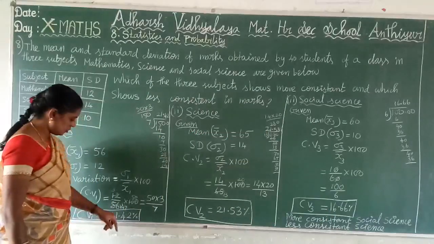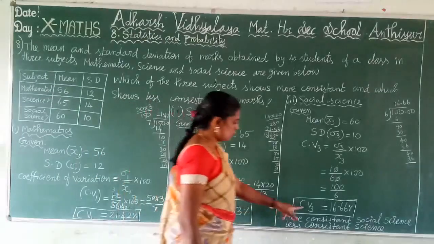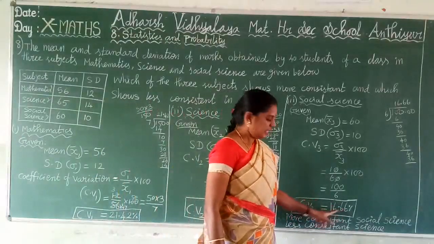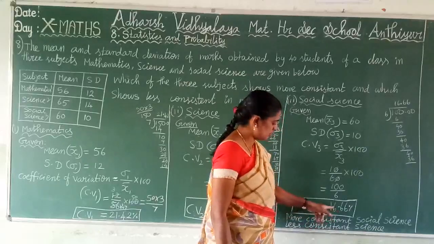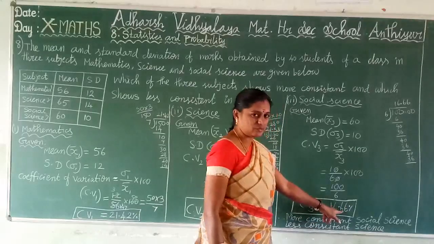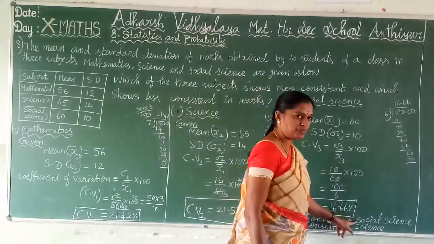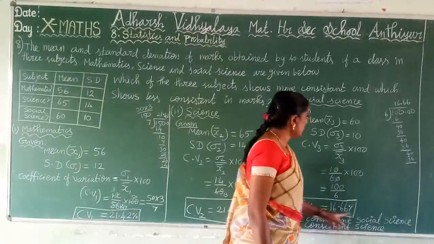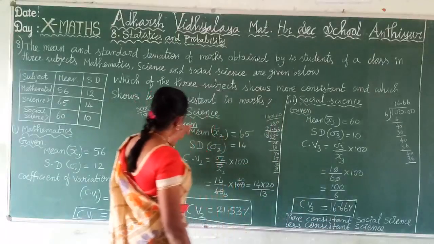So compare these three. Maths coefficient of variance 21.42, science 21.53, social science 16.66. Here which is the lesser coefficient of variance? Social science. So 16.66 is the lesser value. Compare these three. So social science is more consistent in marks. And which is the less consistent? Which is the highest?